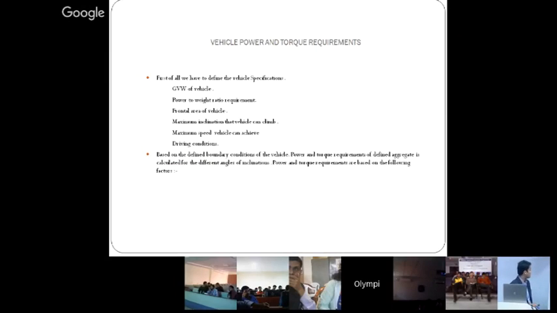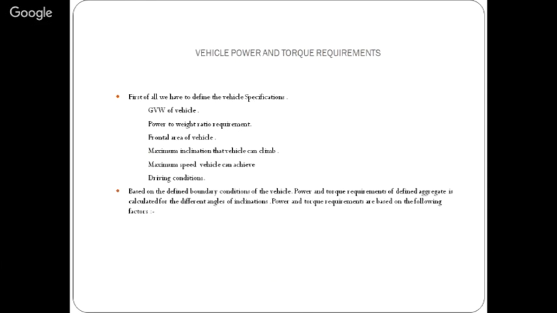Thank you, brother. So based on these boundary conditions for the vehicle, the power and torque requirements of the defined aggregate are calculated, for different angles of inclination. Power and torque requirements are based on the following factors. So now we have frozen that we are going to make a particular vehicle.